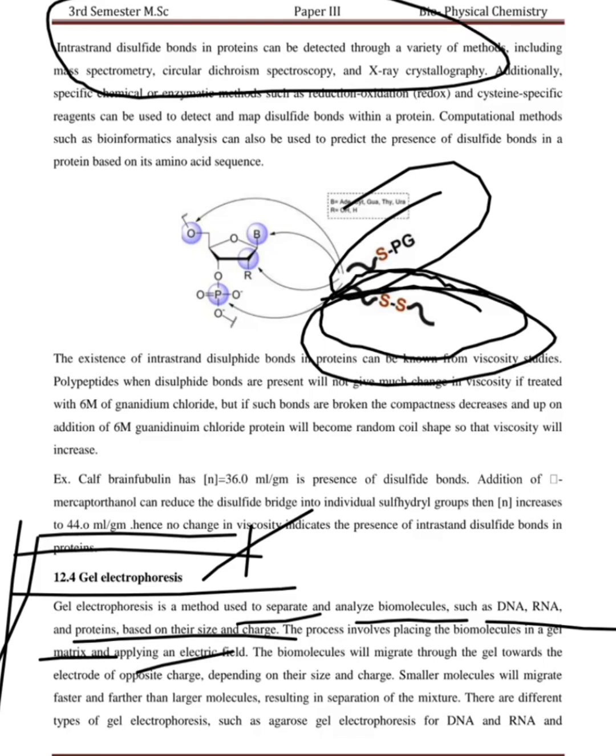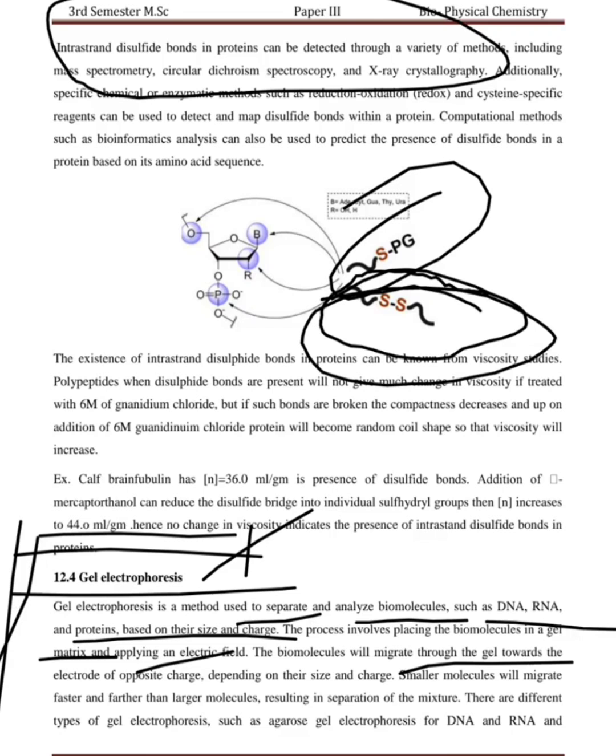The process involves placing the biomolecule in a gel matrix and applying an electric field. So you take one gel matrix, apply the electric field, and load whatever molecules are present onto that gel. The biomolecules will migrate through the gel towards the electrode of opposite charge, depending on their molecular weight and structure.